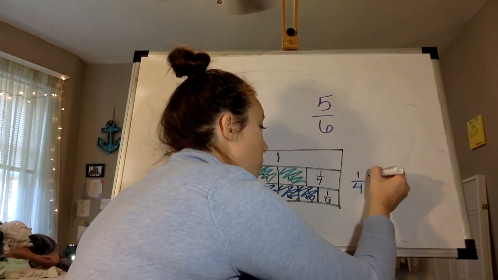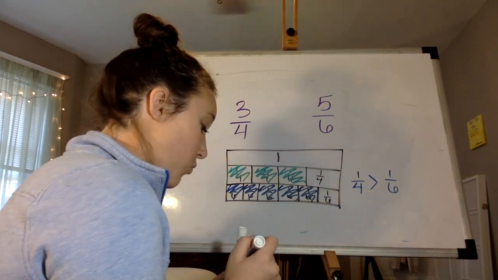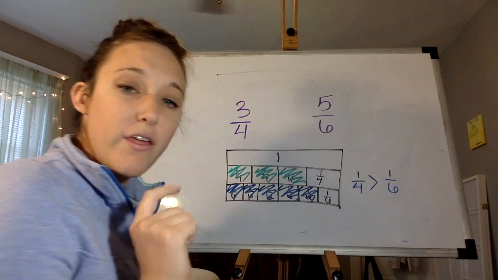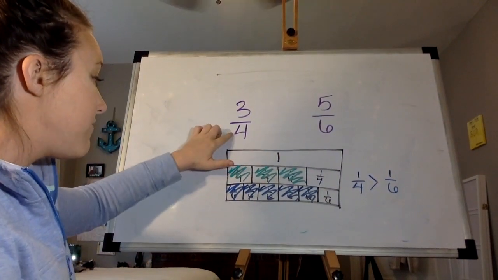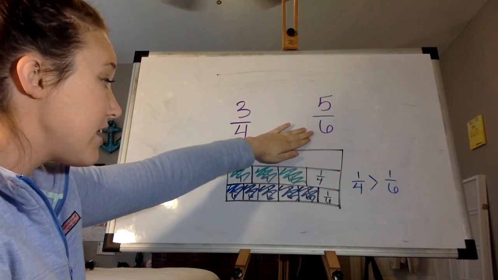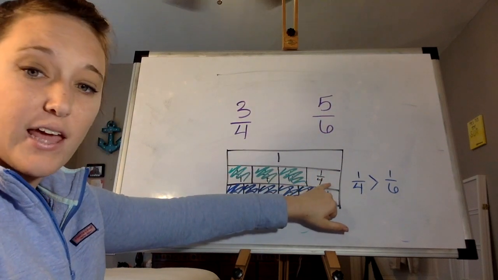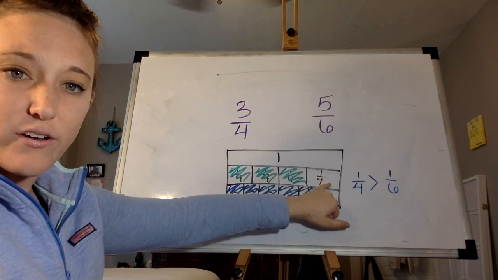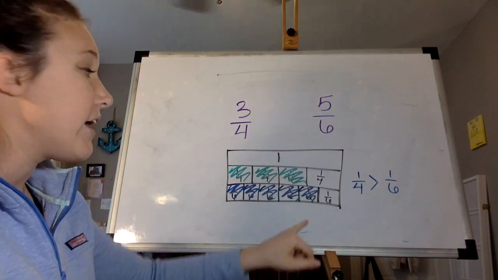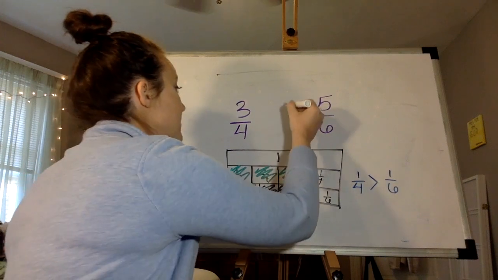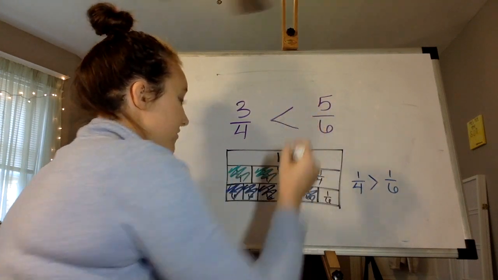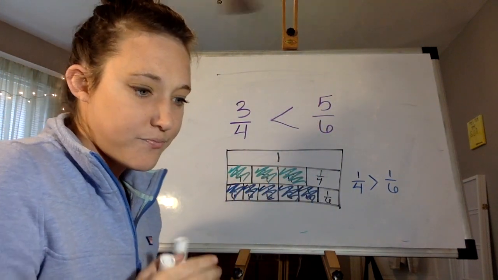So therefore, 1/4 is greater than 1/6. With that being said, out of my 3/4 and 5/6, I am missing a greater chunk of a 4th to get to 1 whole than I am the 6th. So 5/6 is our greater fraction, okay?